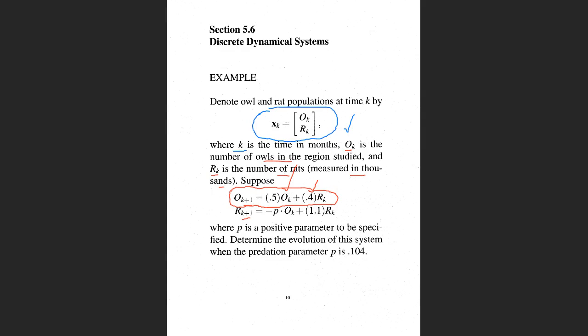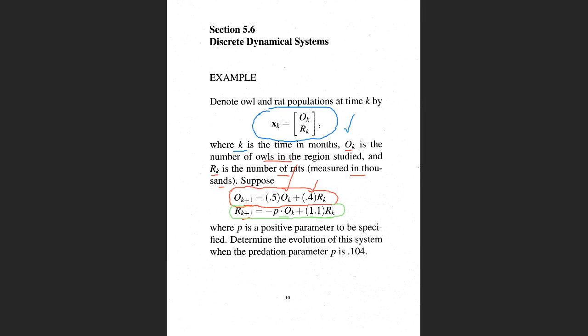And then the number of rats that will be here next month equals negative p times the number of owls that are here this month plus 1.1 times the number of rats that are here this month, R sub k. So I'm just trying to keep it simple rather than use kth month and k plus first month. But you see what I mean.